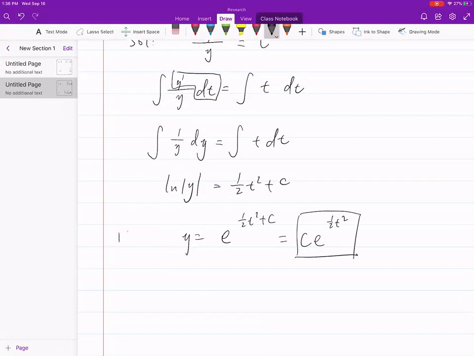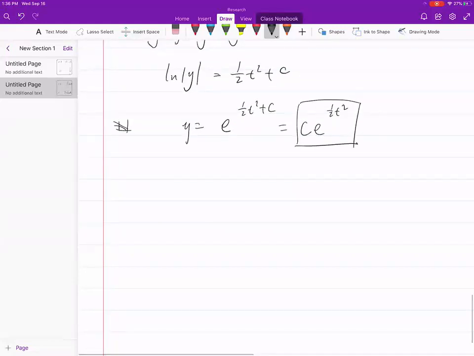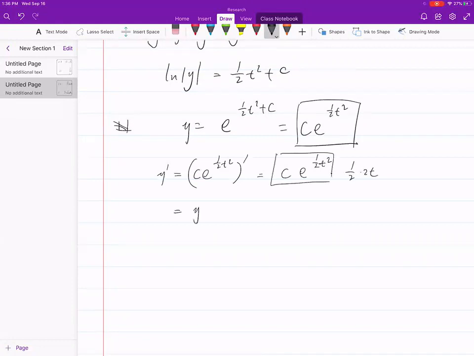Again, ignore this. Does it work? You can check. Y prime is e to the 1/2 t squared times c prime, which is c e to the 1/2 t squared times 2 times 1/2 times 2t, which is y times t.